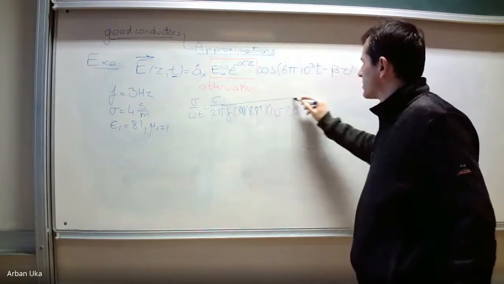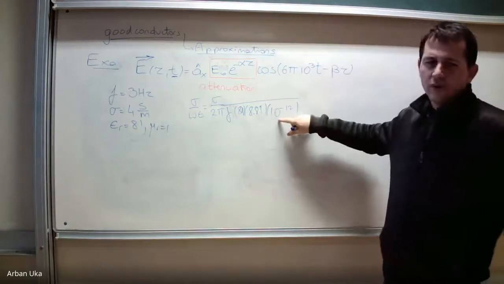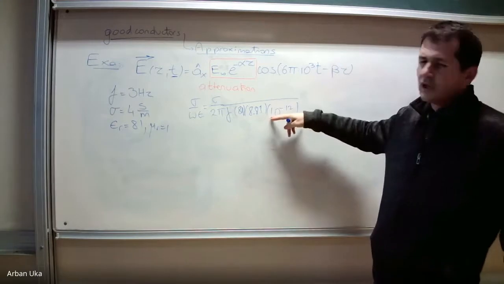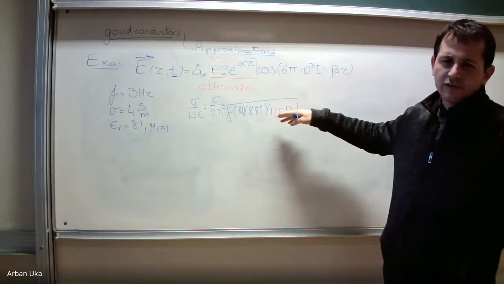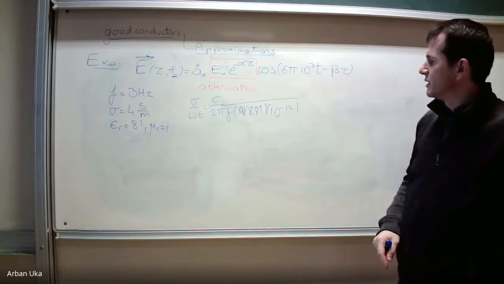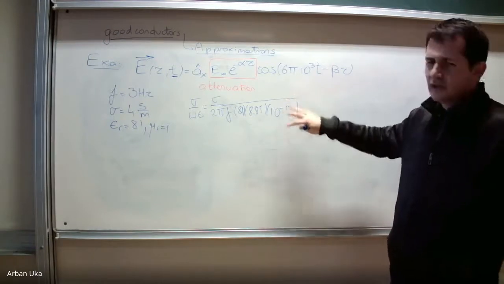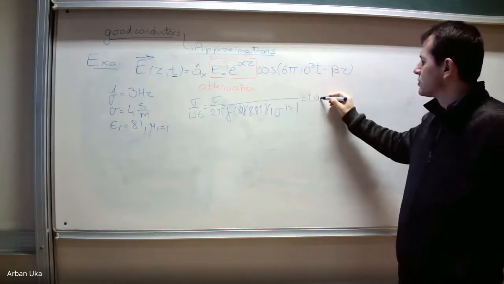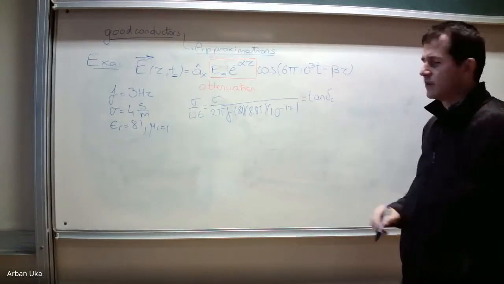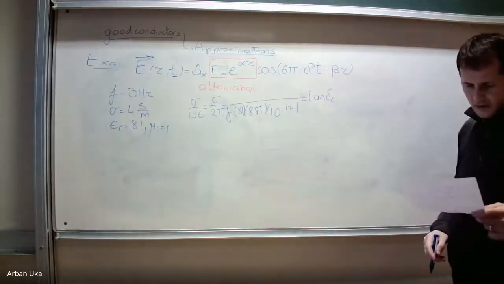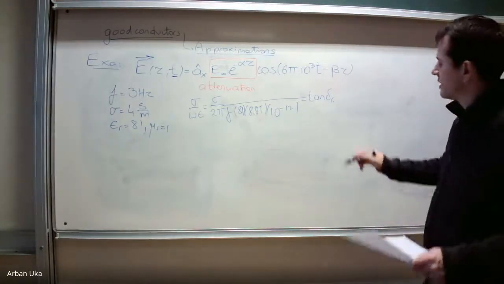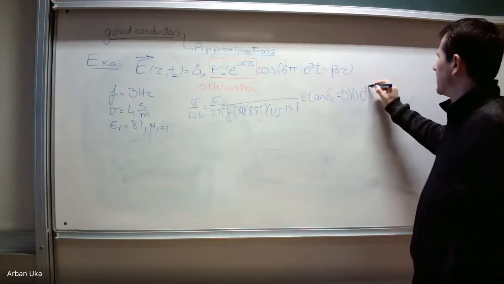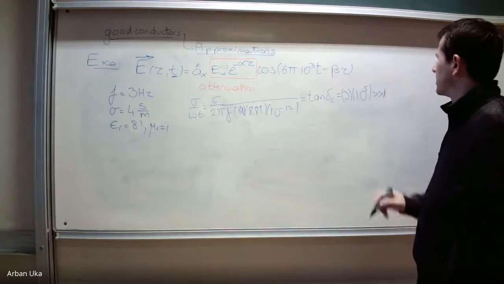Looking at this expression, it is a huge effective loss. It is a very lossy material, because this factor is much higher than 1. Let's not forget, we also call this the tangent of the loss angle. The answer is something like 3 times 10 to the power 5, which is much larger than 1.